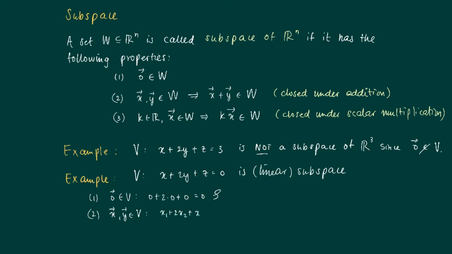Then x1 plus 2x2 plus x3 equals 0, and y1 plus 2y2 plus y3 also equals 0.